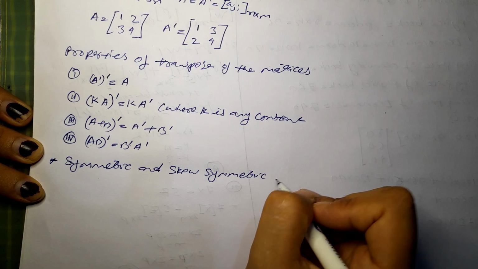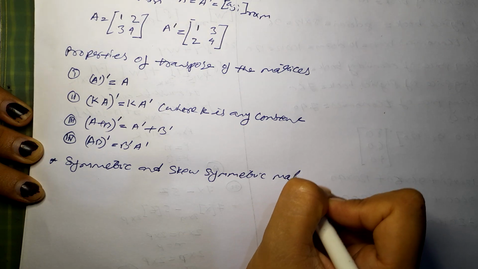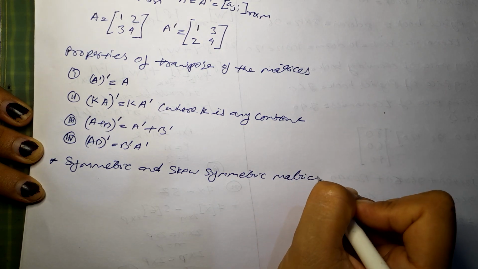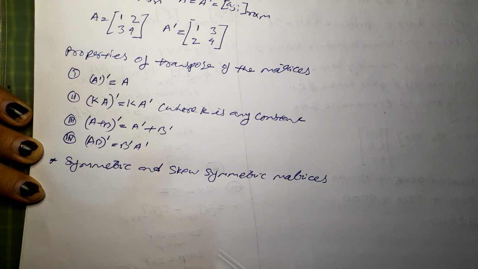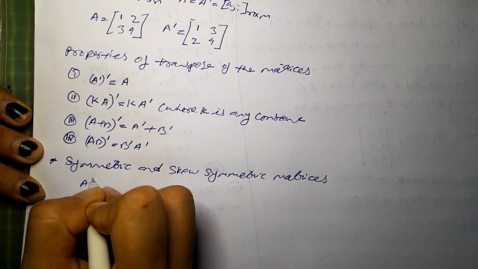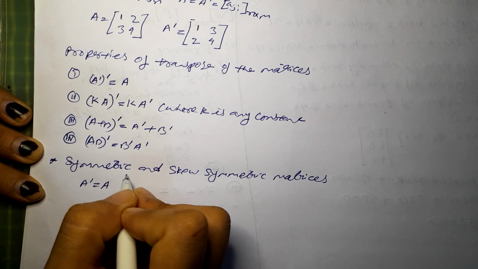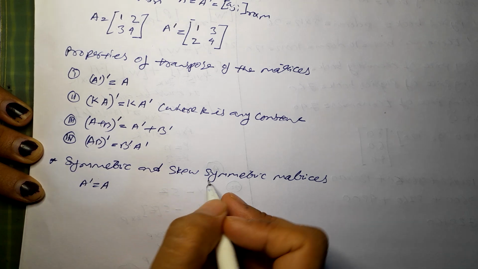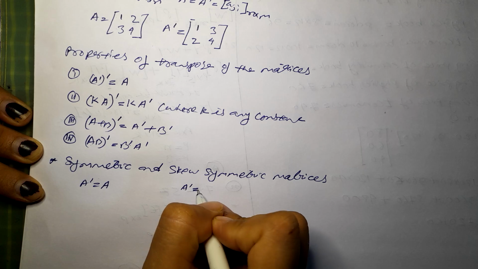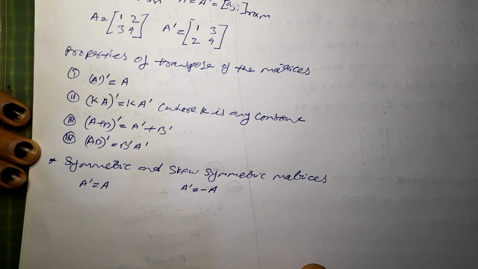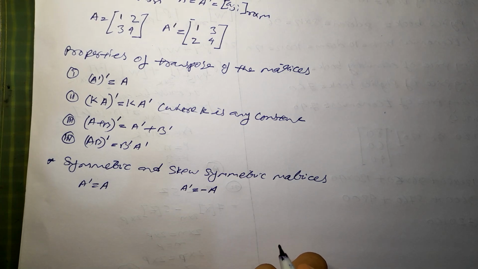What is a symmetric matrix? Here also we are going to take the transpose. When the transpose of A, that is A transpose, is equal to A, that is a symmetric matrix. Skew symmetric: when A transpose equals minus A, it is a skew symmetric matrix.